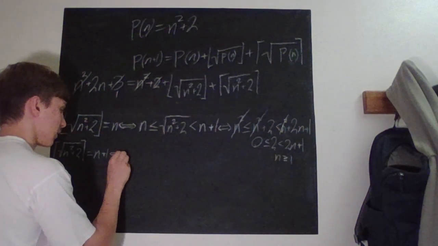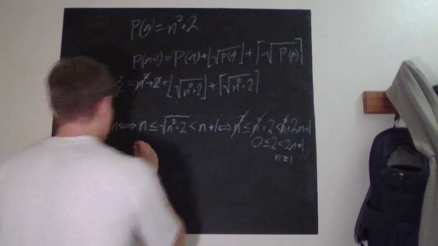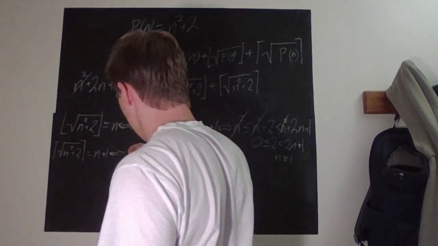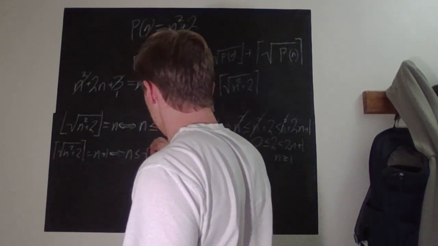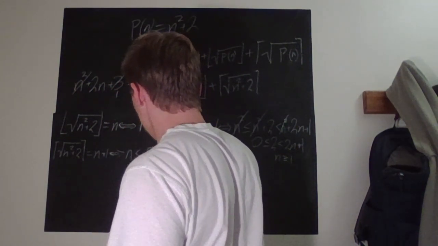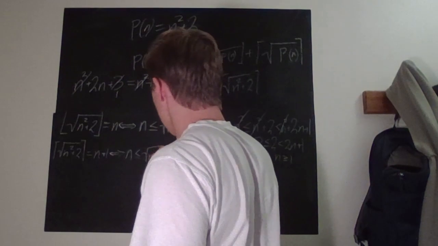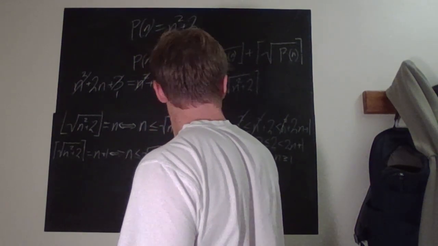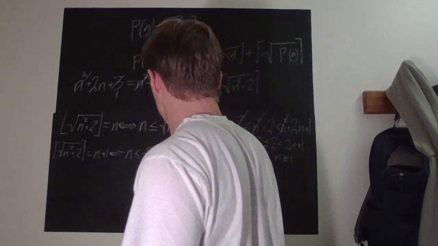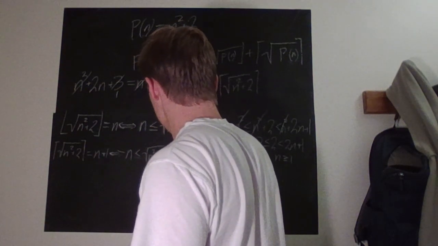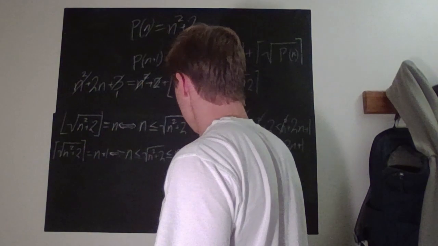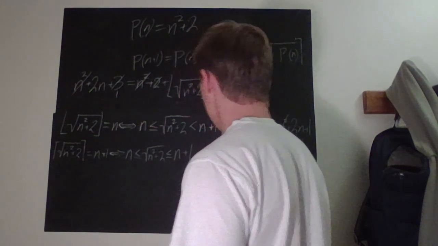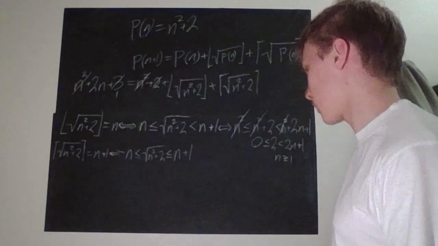which is then equivalent to n being strictly less than the square root of n squared plus 2, which is less than or equal to n plus 1. And you see that this is the exact same equation.